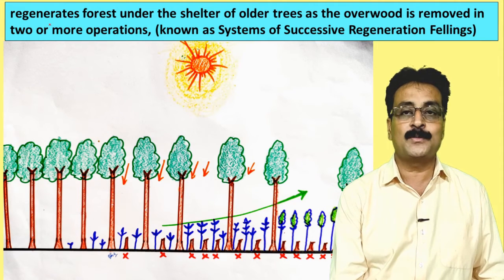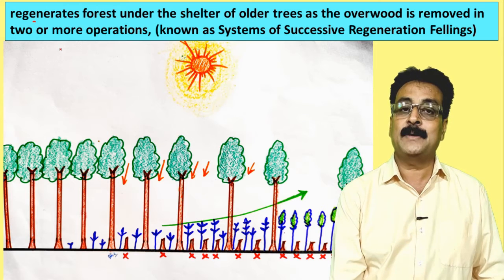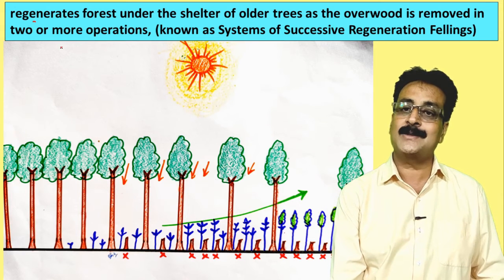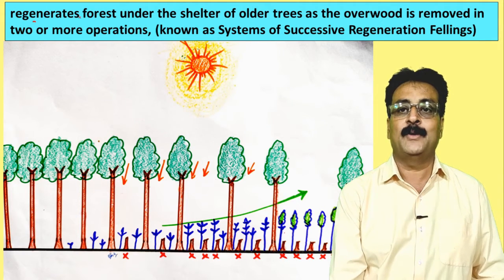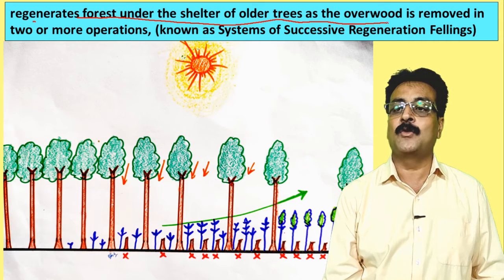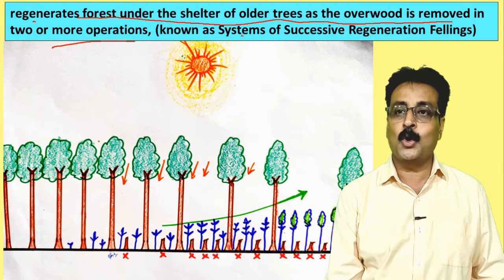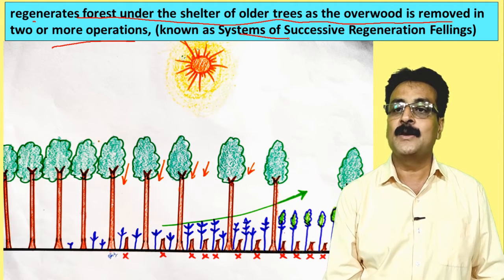In the shelterwood system, the shelter of the old trees, the overwood, is removed in two or more operations. So we also call it the system of successive regeneration felling.